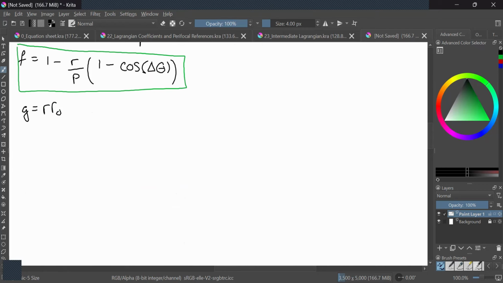G is R times R naught times the sine of delta theta over the square root of P times mu.